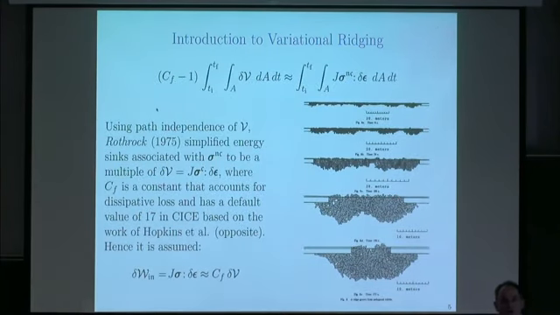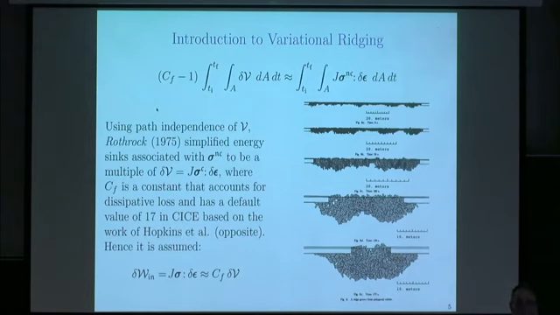And so what we do in models at the moment is we represent it as a multiple of the potential energy gain with this CF parameter. The CF parameter is typically set to 17 in CICE. Michelle Samados and Danny set it to 21.3 for their anisotropic rheology.